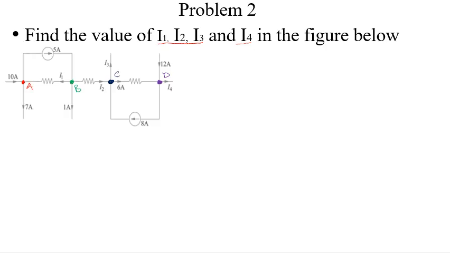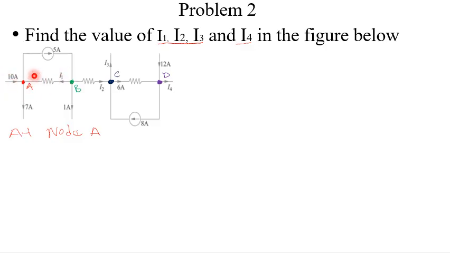So now let us analyze each node in order to be able to find all the currents they've given to us. So at node A, which currents are entering? We have this 10 amps which is entering. We have this 1 amp which is also entering.